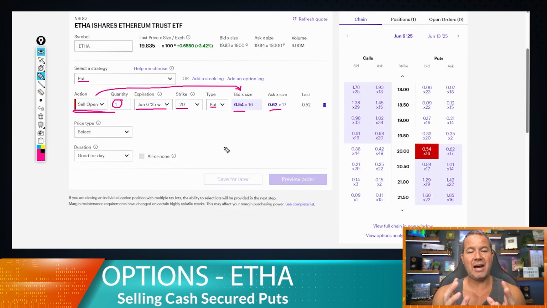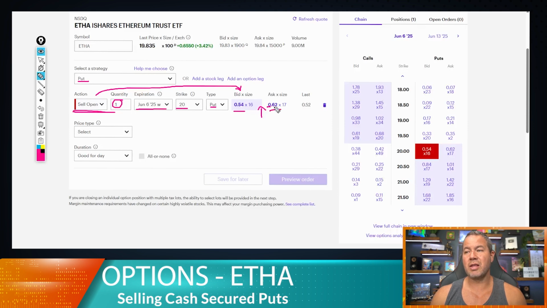If I have a chicken and I want to take it to market, I can only sell it for what buyers are willing to pay for that chicken. The same thing here. Buyers are right now offering 54 cents for this put, so I could instantly get 54 cents. Now, I could go in the middle somewhere and hope that it fills somewhere between 54 and 62, but it's not likely.